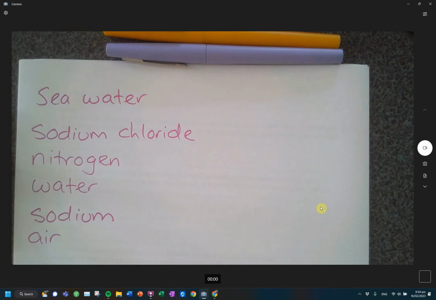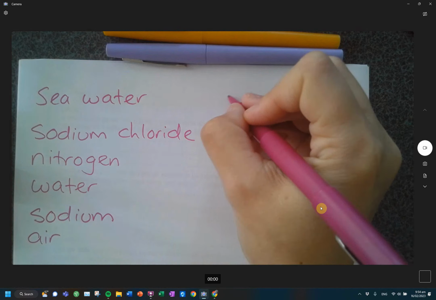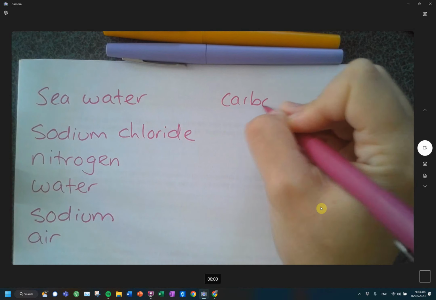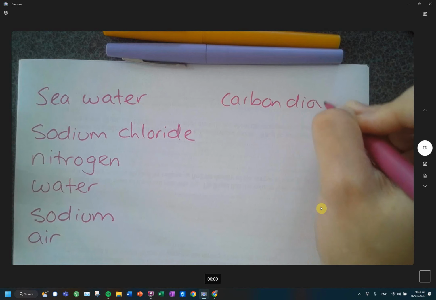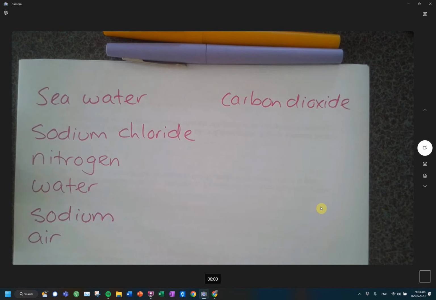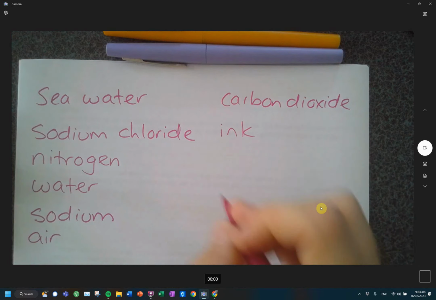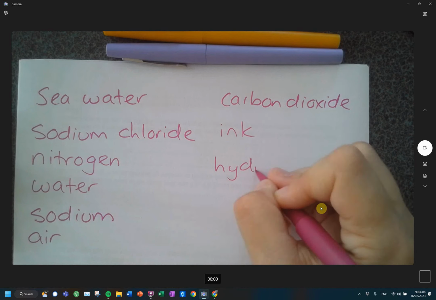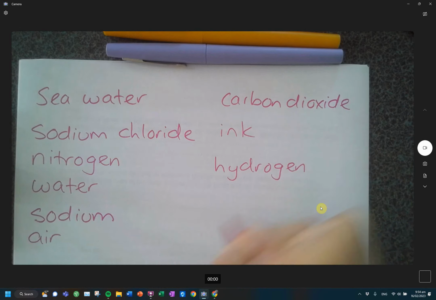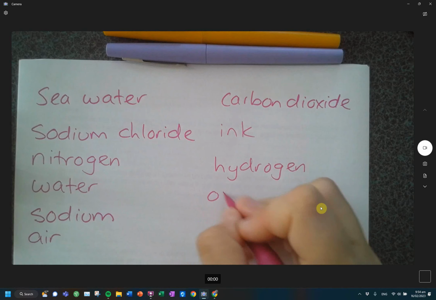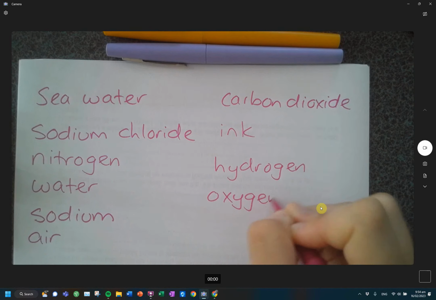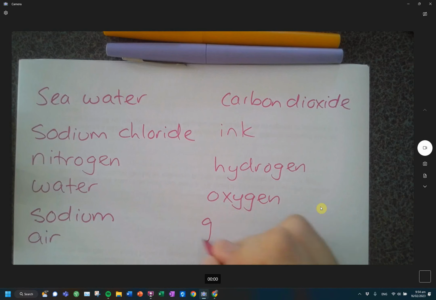Start on the next side so you guys have some more space. What else did I have? Carbon dioxide. Ink. Hydrogen. Oxygen. And just for a little fun, gunpowder.